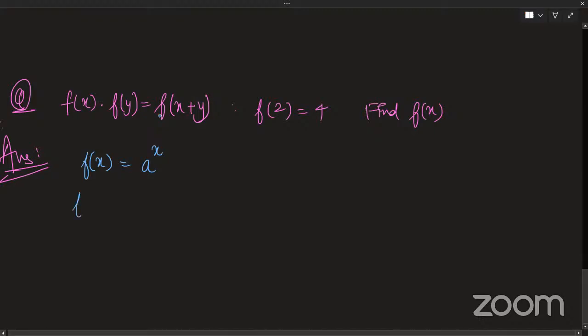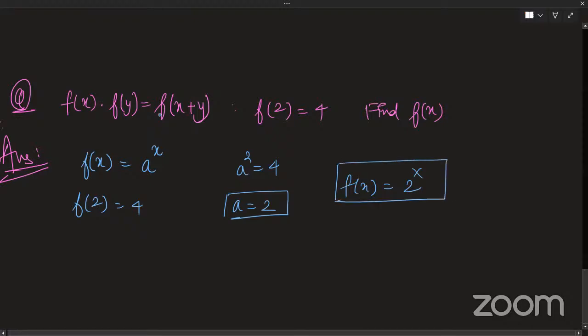And I'm telling you that f(2) is 4. So if I put 2 here, a squared is 4, so that means a is 2. So that means my f(x) is 2 raised to x. Fine. समझ आया? Everyone, बता दो कुछ नहीं आया तो.